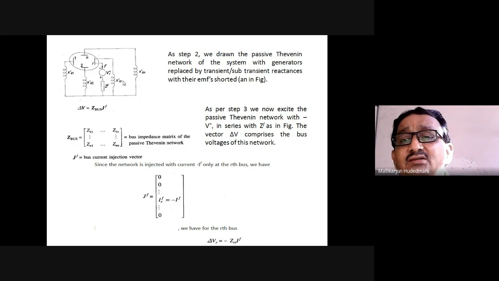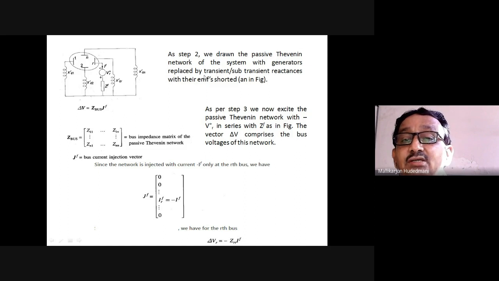Similarly, Thevenin's representation is done for Gen 1, Gen 2, Gen 3, Gen N, and Gen R with X dash dr, X dash dn, X dash d1. What is the transient reactance behind the source?